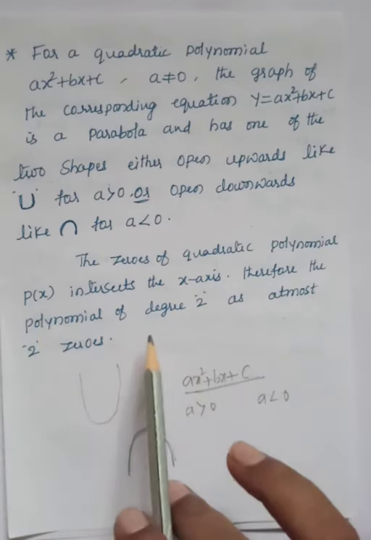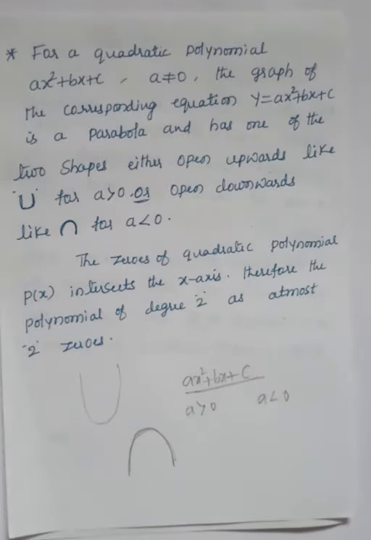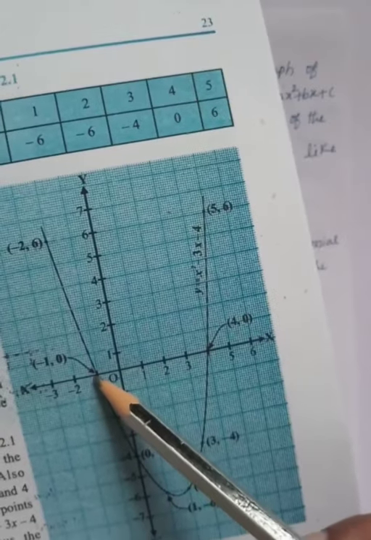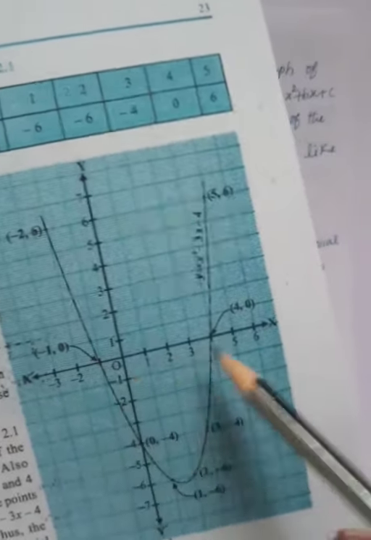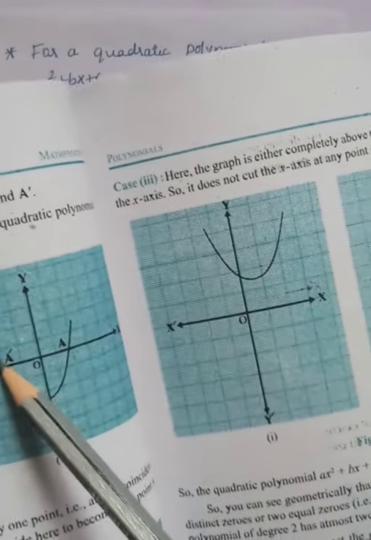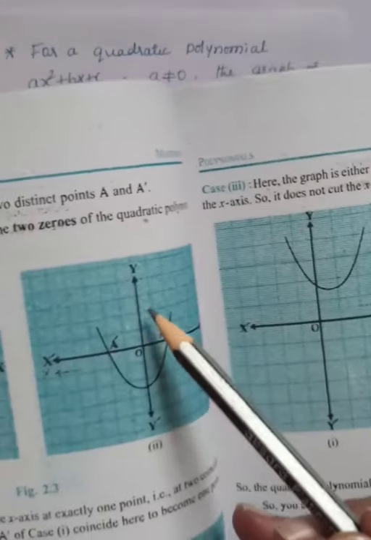Therefore, a polynomial of degree 2 has at most 2 zeros. See here, this is an upward U type. It intersects the x-axis at 2 distinct points, here and here. Sometimes downside, sometimes upside.